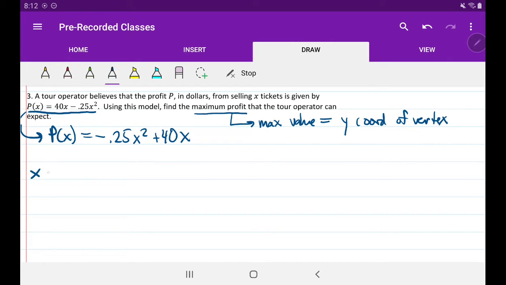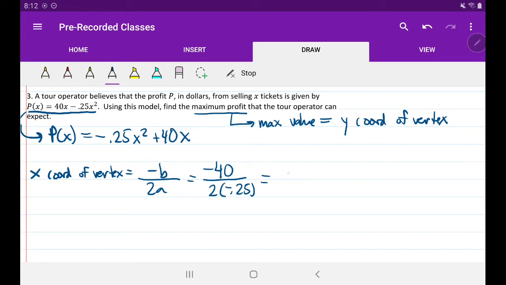So then now I can go ahead and work with this to find the x-coordinate of my vertex, which is going to be negative b over 2a, so negative 40 over 2 times negative 0.25, which is going to be negative 40 over negative 0.5. And if we go ahead and simplify that, we're going to get 80. So the x-coordinate of the vertex is 80.